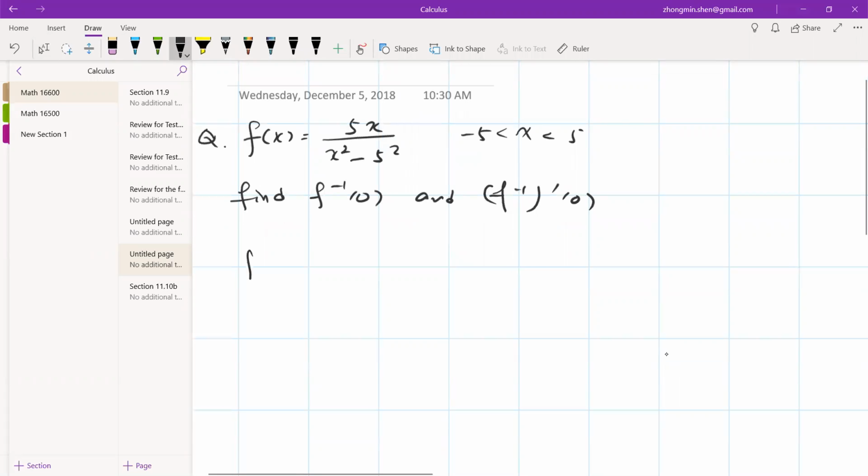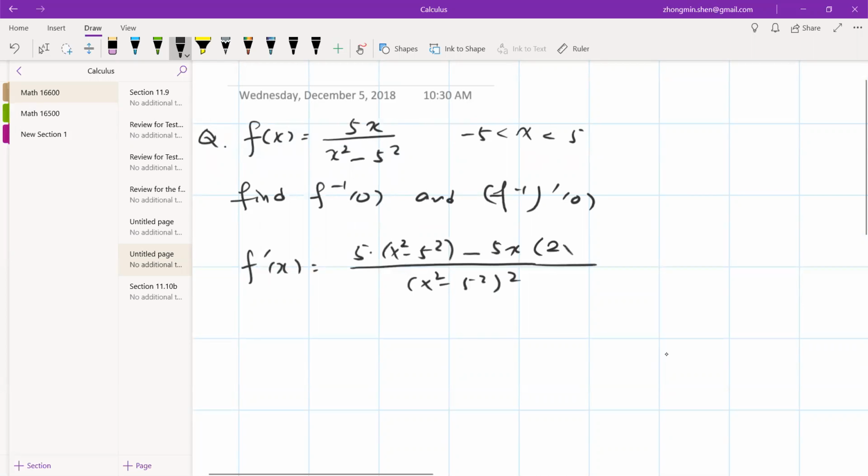So take a look at the derivative of the function. It is going to be (x squared minus 5 squared) squared in the denominator. Then you have a 5, and the derivative of x is 1, so (x squared minus 5 squared), and the minus 5x times 2x. Let's simplify it. 5 can be taken out.